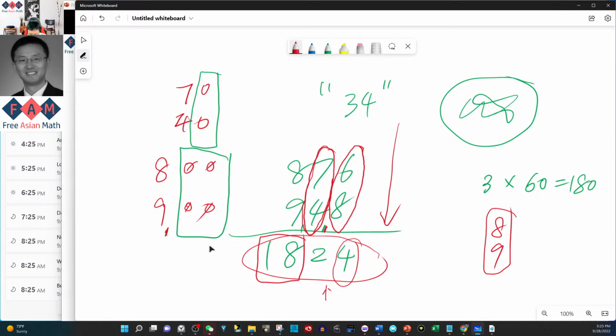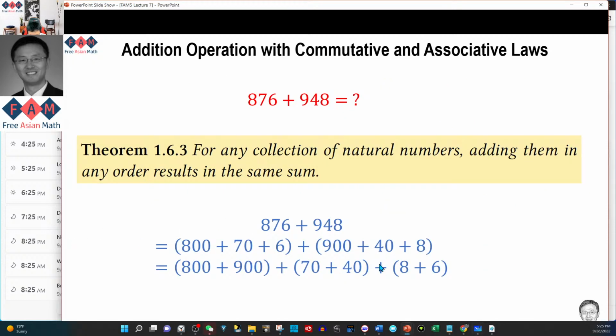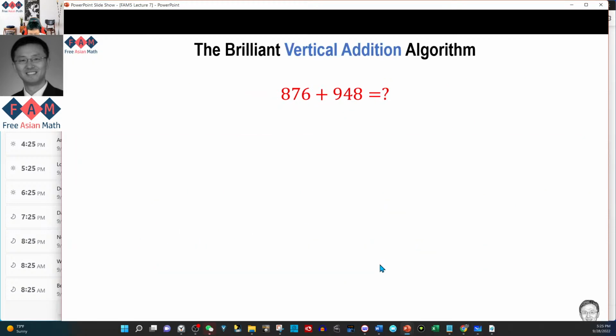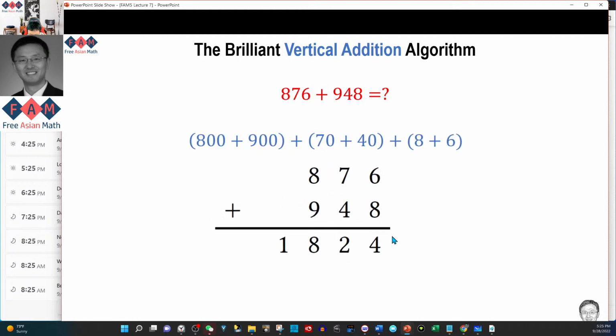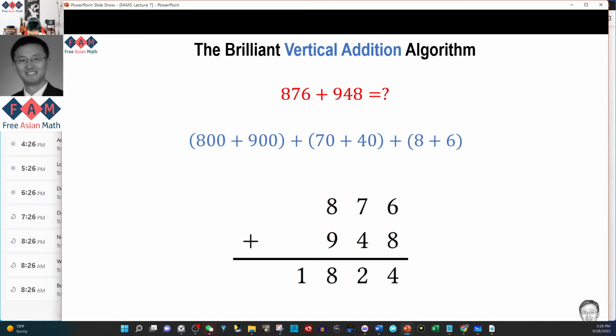But along the way, let's just summarize the essence of this. When we do this vertical multiplication, we transform the original problem by the associative and commutative laws, regrouping those things into different components.